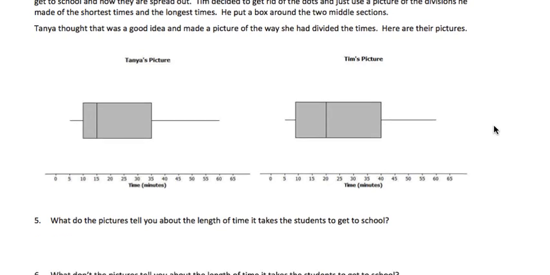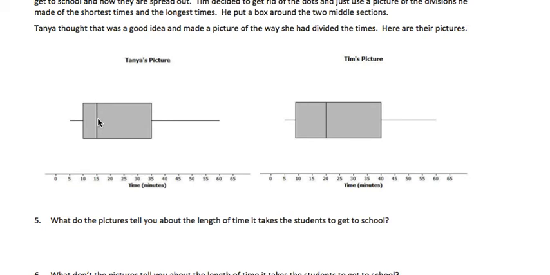In looking at those pictures, what do they tell you about the length of time it takes the students to get to school? We see that the fastest times were from 3 or 4 minutes at the very lowest to around 10 minutes.